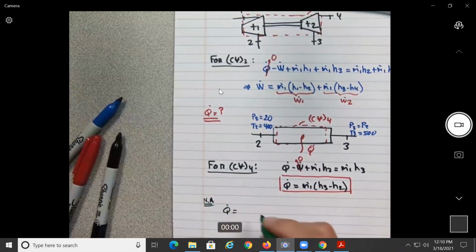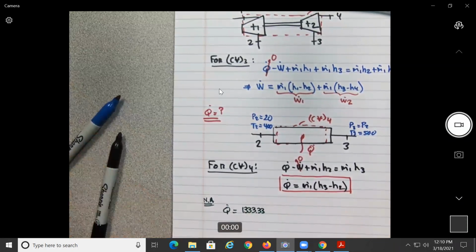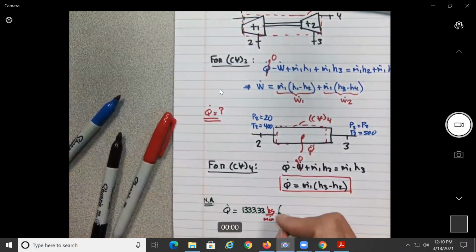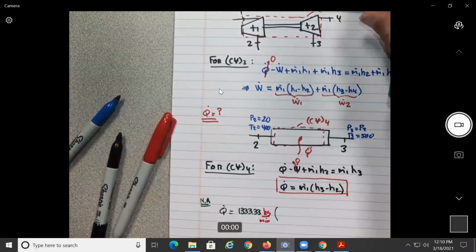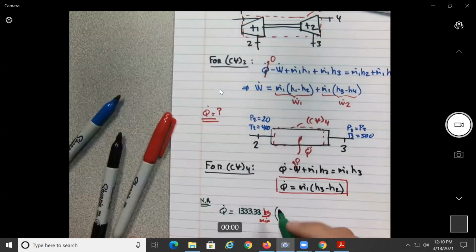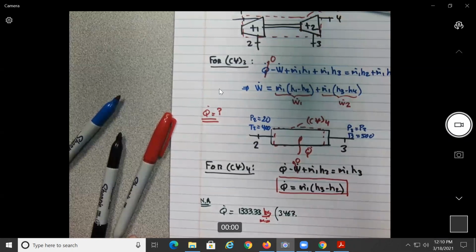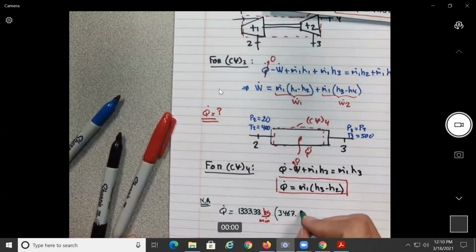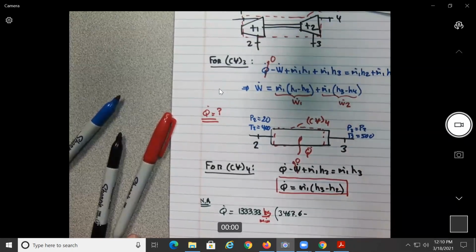Q will be equal to 1333.33 kilograms per minute. I mean, it's the same thing as the other one. Let's see what we had for H3. What was H3? 3,467.6 minus H2.